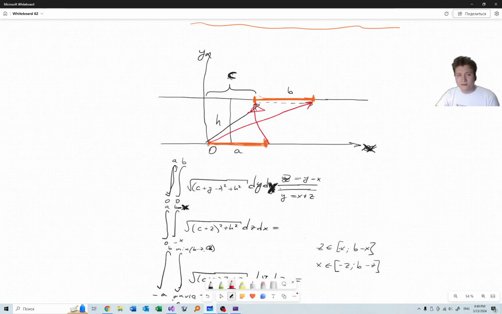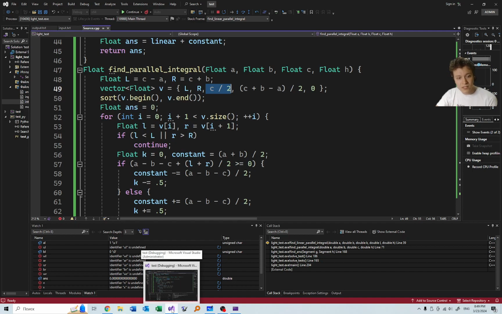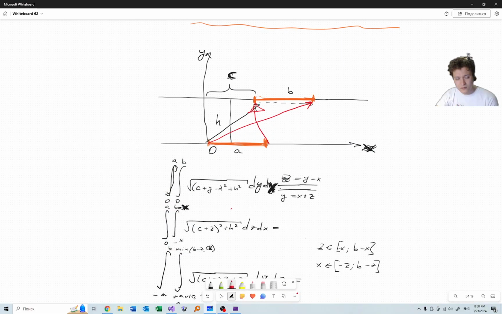So when does something change? Actually, this is not the correct set of division points. The correct division points are, okay, 0 is fine. Also this vector, I think.